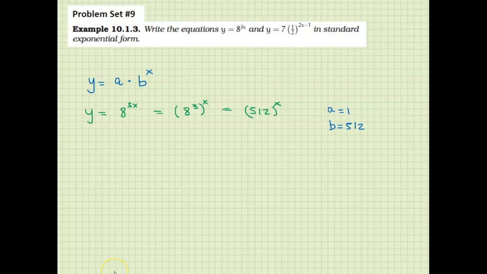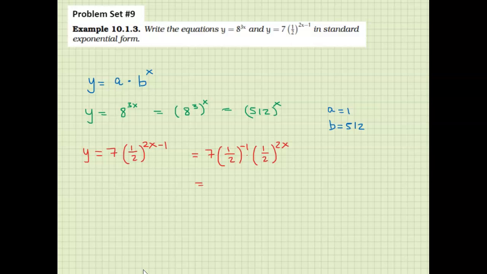Alright, let's look at the next example. Y equals 7 times 1/2 to the 2x minus 1. We want to put this in standard form, so we want this exponent not to be 2x minus 1, we want it to be just x. So we have 7, let's separate. This is 1/2 to the negative 1 and 1/2 to the 2x. The exponent rule says same base, different exponents, they will add. We're subtracting in this case because we have a negative exponent.